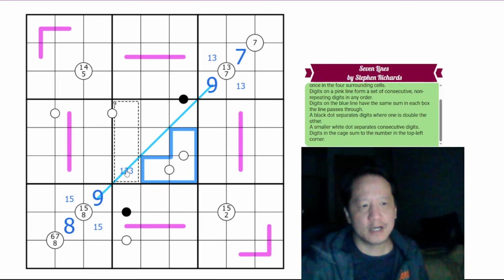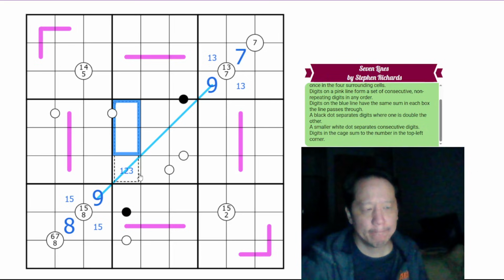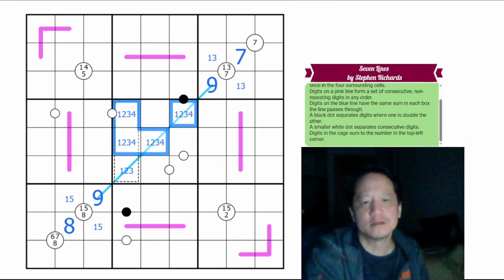You could have 1 with this being 2, 6, and 3, 4. So 1, 2, and 3 cannot appear anywhere else in this central box. These have to be 1 through 6 as possibilities.